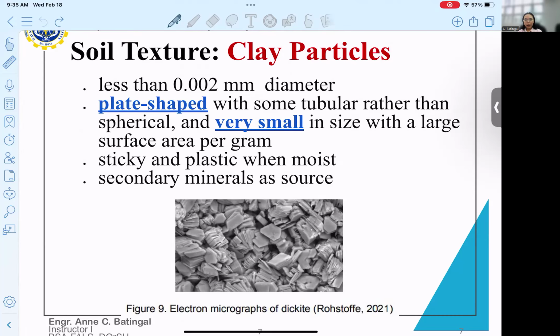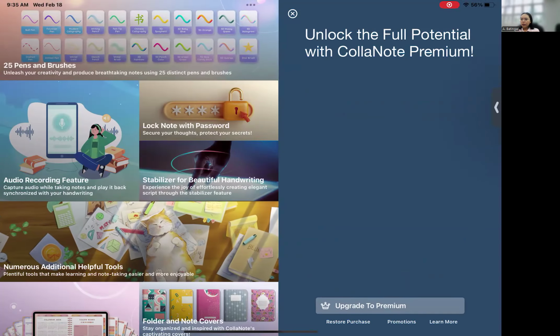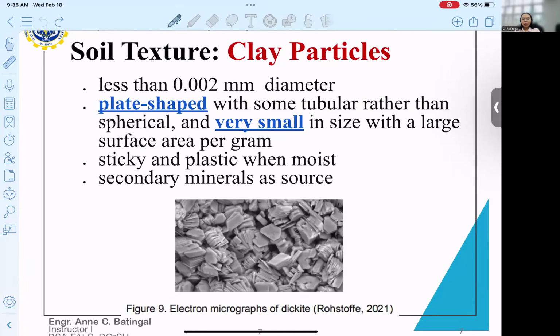So it has a high total porosity, high water holding capacity, and high nutrient holding capacity ang imuhang clay particle since it can hold much water and your nutrients. However, soil that is also abundant in clay particles, although it can hold water and nutrients, is difficult to till or has poor aeration.